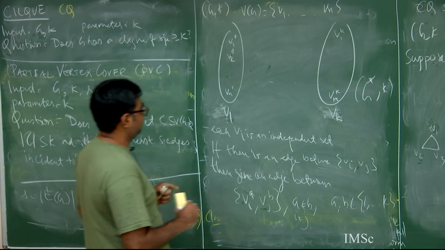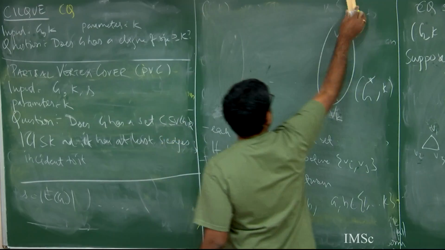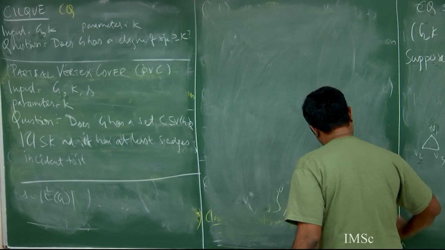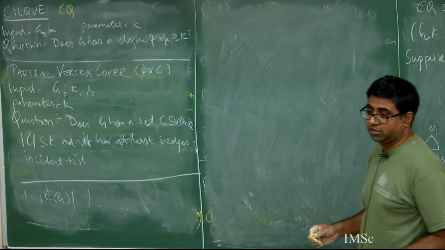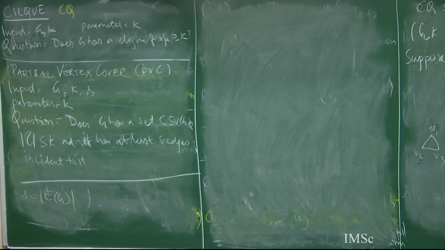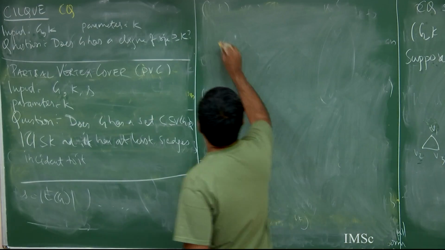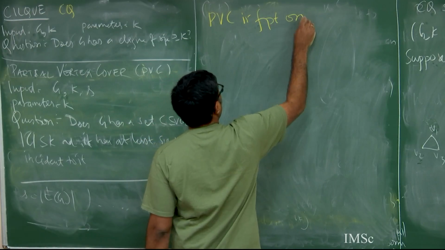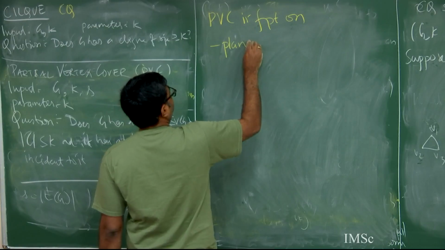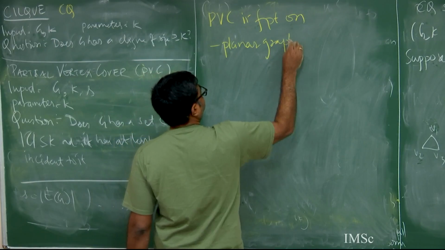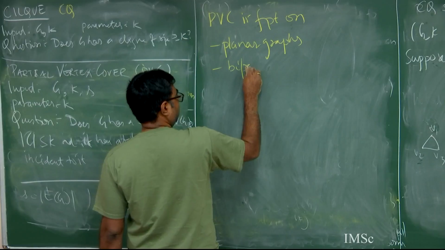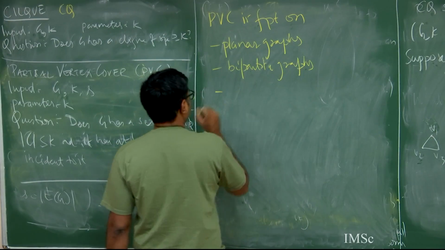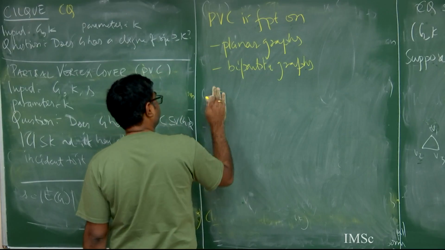But partial vertex cover is known to be FPT on planar graphs and bipartite graphs, at least I know this much.